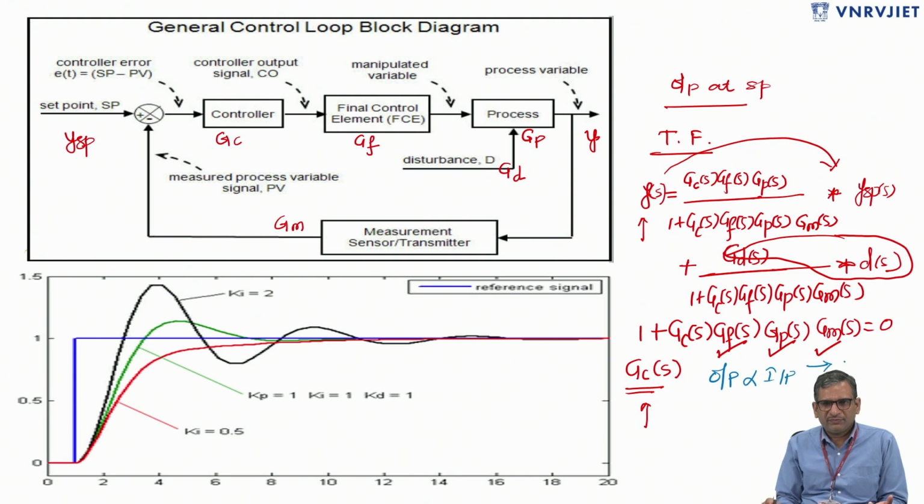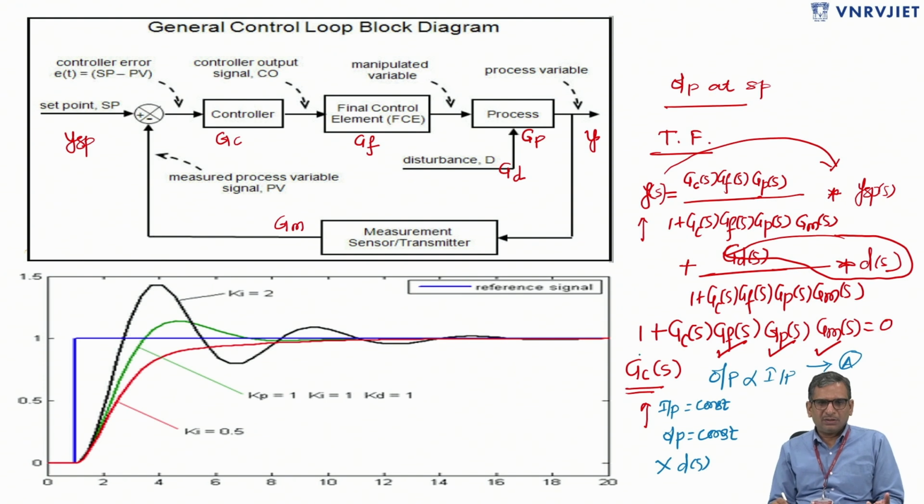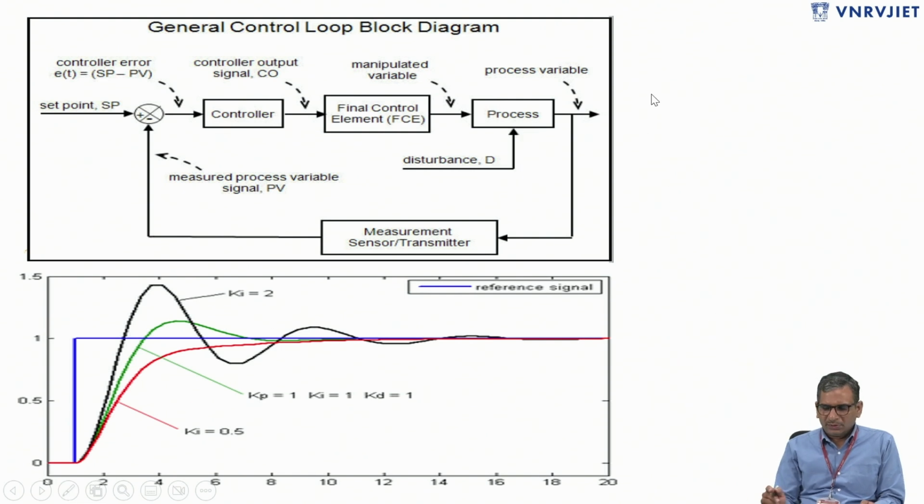Whereas in the second case, when input is constant or set point is constant, we want the output to also remain constant by minimizing the effect of disturbance. So it also depends on the controller. How properly are we going to select controllers here? In this case, selection of GC, that is the controller, is very important.